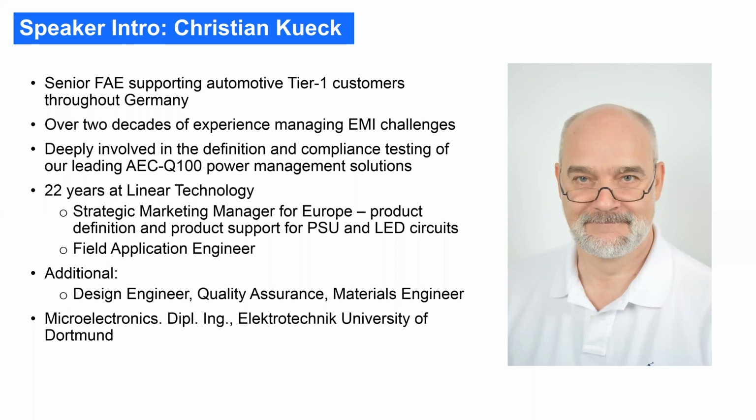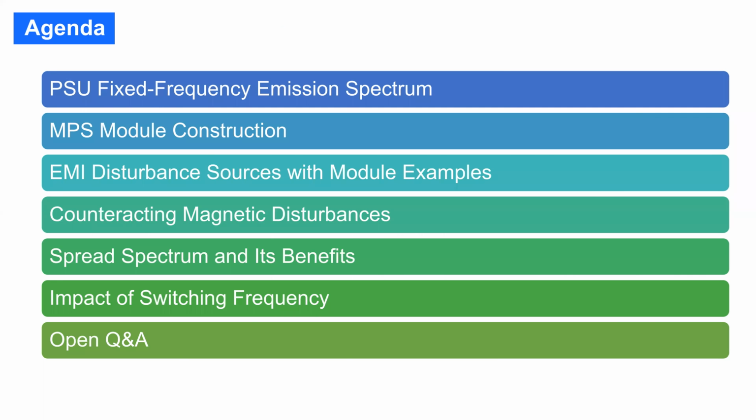So today I want to talk a little bit about EMI of switch mode power supplies. First I will dwell a little bit on what a fixed frequency power supply puts out as a spectrum. I will go over the MPS module construction because that also impacts the EMI performance.